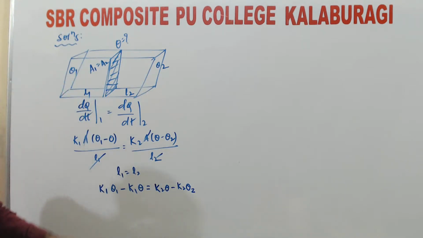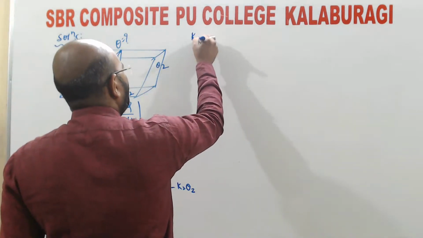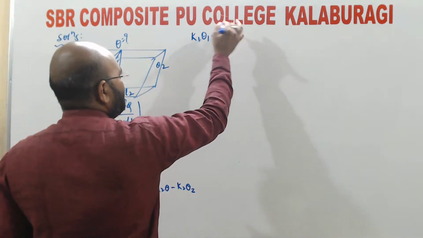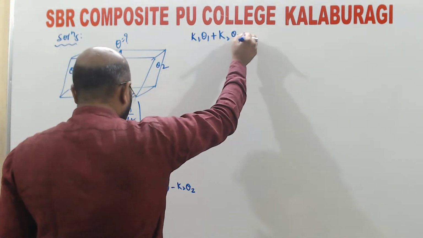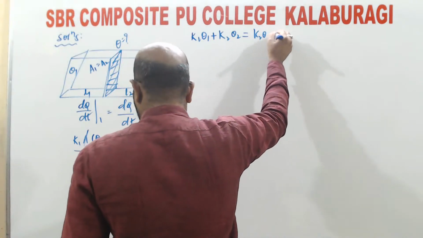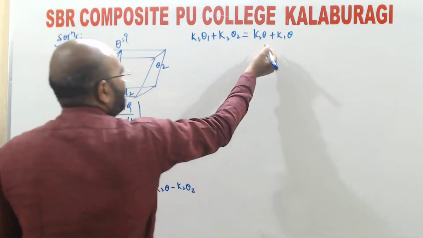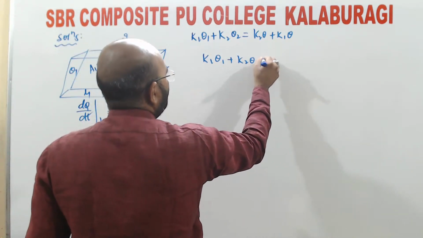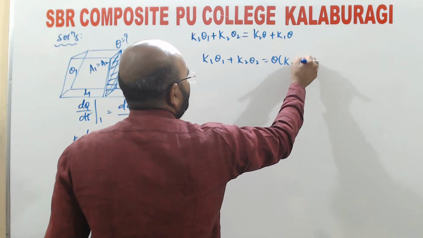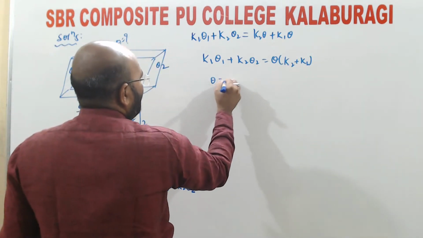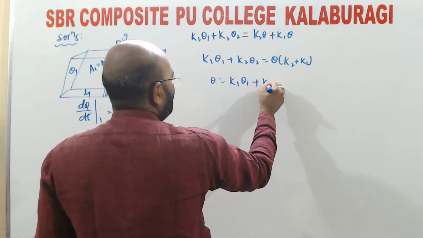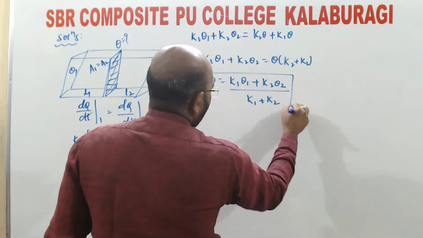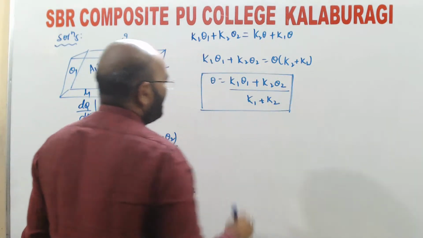Rearranging the terms, K1 theta 1 plus K2 theta 2 equals K2 theta plus K1 theta. Taking theta common, K1 theta 1 plus K2 theta 2 equals theta times K1 plus K2. Theta equals K1 theta 1 plus K2 theta 2, whole divided by K1 plus K2. This is the junction temperature when they have the same cross-section area and same length.